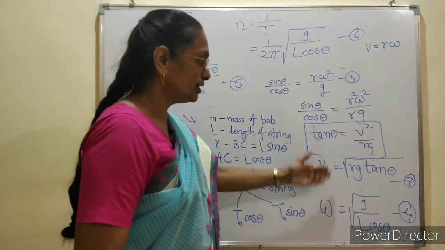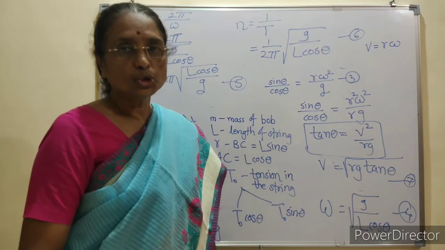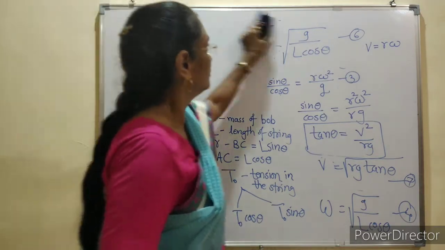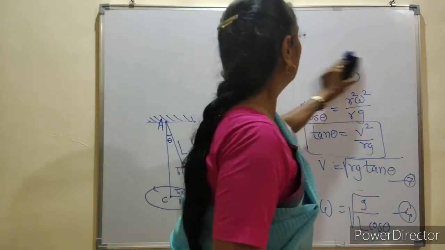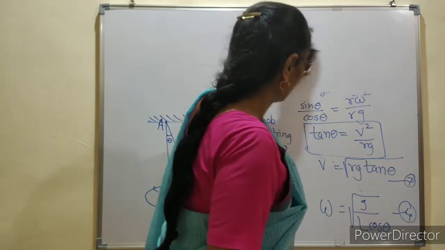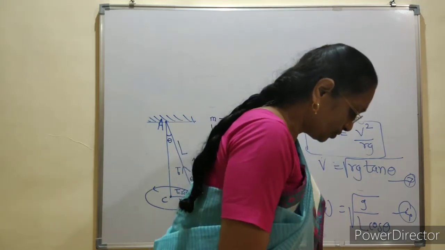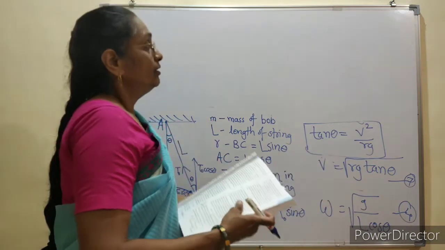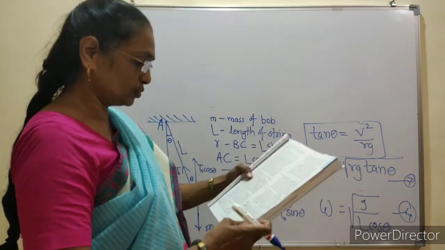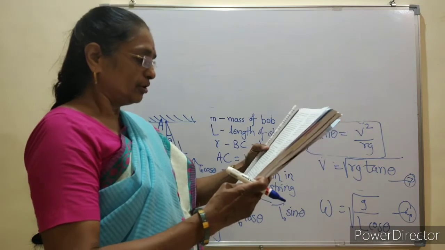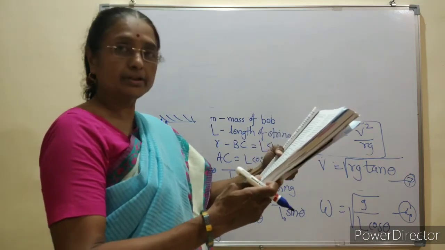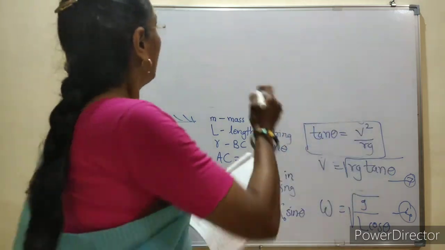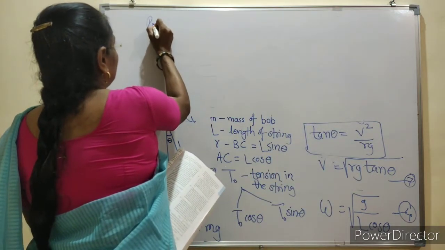We use some equations for the solution of the numerical problem. I can give you the problem on the board. You also try to revise and remind the equations which we have to use. So here in the textbook, in the exercise, there is problem number 17. So I write here the problem.